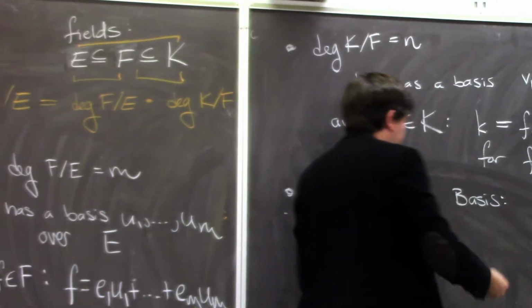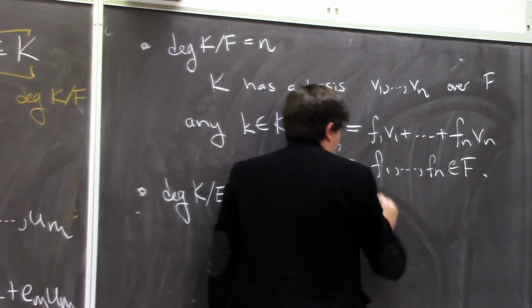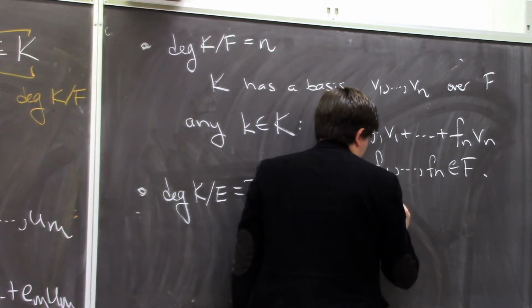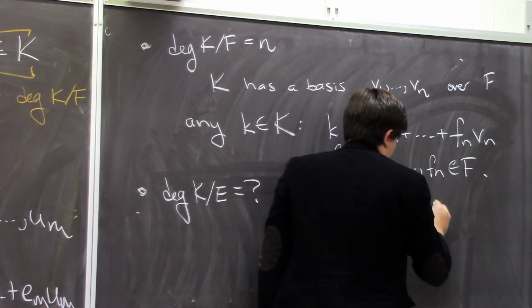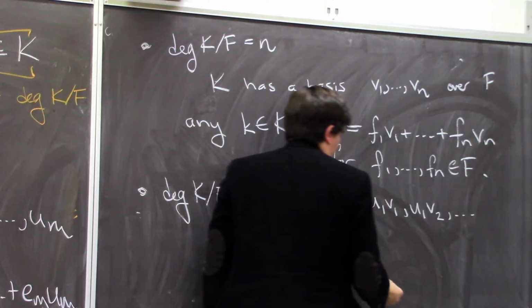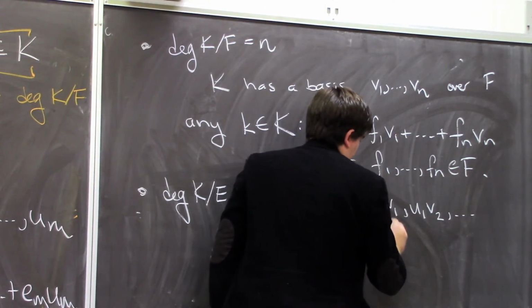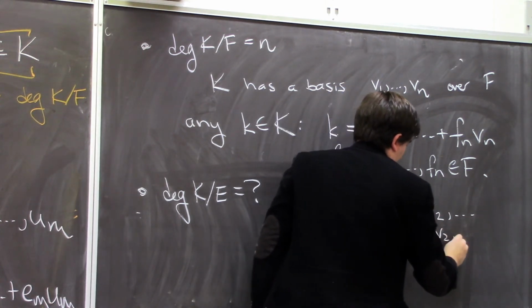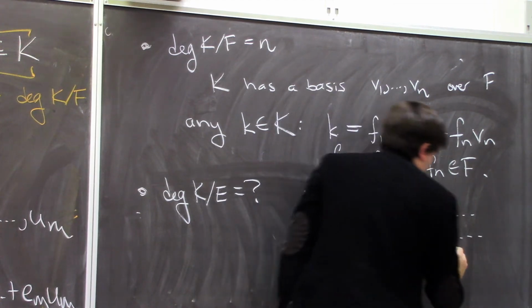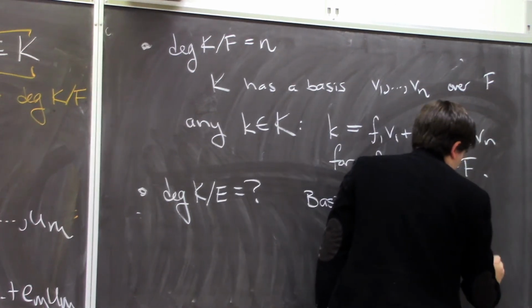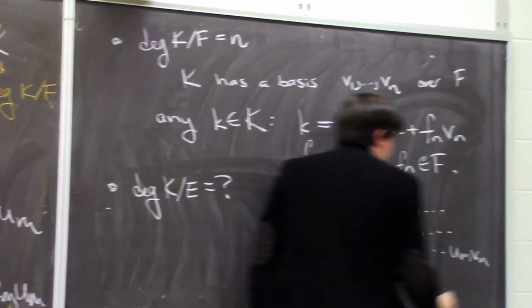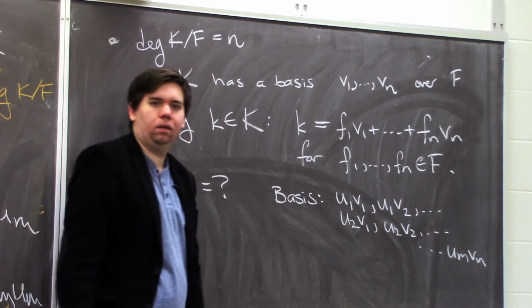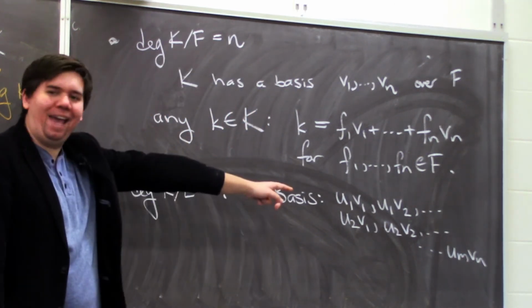So it seems like maybe a basis should be all the ways of multiplying your u's with your v's, like u1 times v1, u1 times v2, and so forth, and then u2 times v1, u2 times v2, and so forth, all the way down to um times vn. Those mn elements.